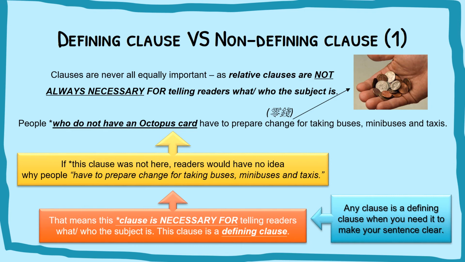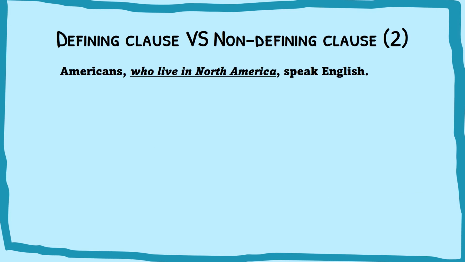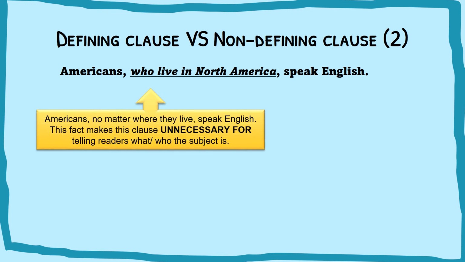So this slide is about how you can tell it is a defining clause. Next. Now we are going to explore non-defining clauses. Take a look at this example sentence. Americans who live in North America speak English. As you might have guessed, Americans are actually everywhere in the world, more or less like the Chinese people.